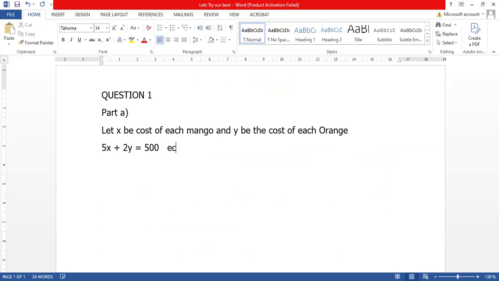That is your equation 1. Then equation 2, we are told that 6 mangoes and 4 oranges cost 640. So it will be 6x plus 4y, and that will be equal to 640. And this will be your equation 2.